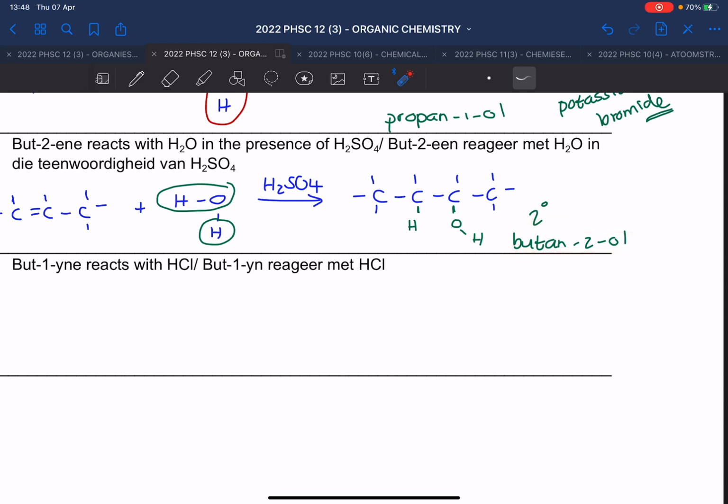Okay, Botumelu, positional isomer means the position of the functional group must change. So this is the group. What options do we have? Can it go on the third one? No, because then it's the second one from the right-hand side. So it can only go there or there. What will the name be if it goes here? Oh, perfect. So butan-1-ol.